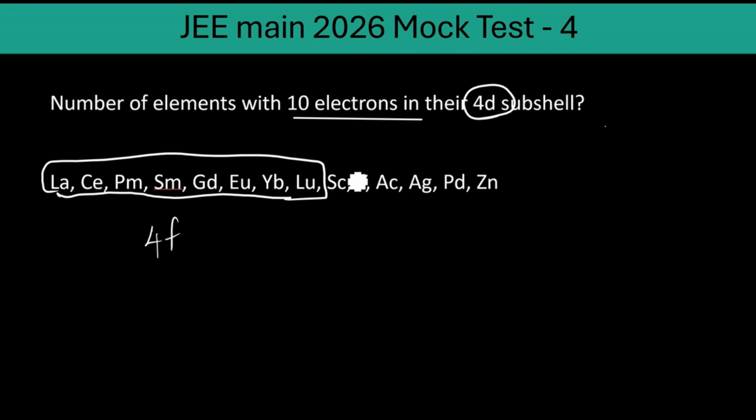Then what about scandium? Obviously not, that is a 3d element. And what about yttrium? That is atomic number 39, which does not have 10 electrons, it has 4d1 configuration. What about actinium? Of course it will have, that is the actinide series, so it must have a filled 4d. Then silver and palladium, which have exceptional configurations.